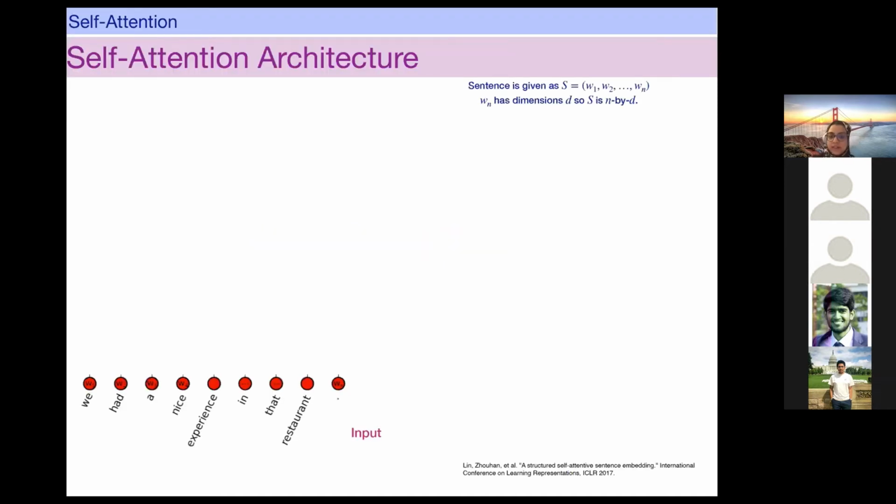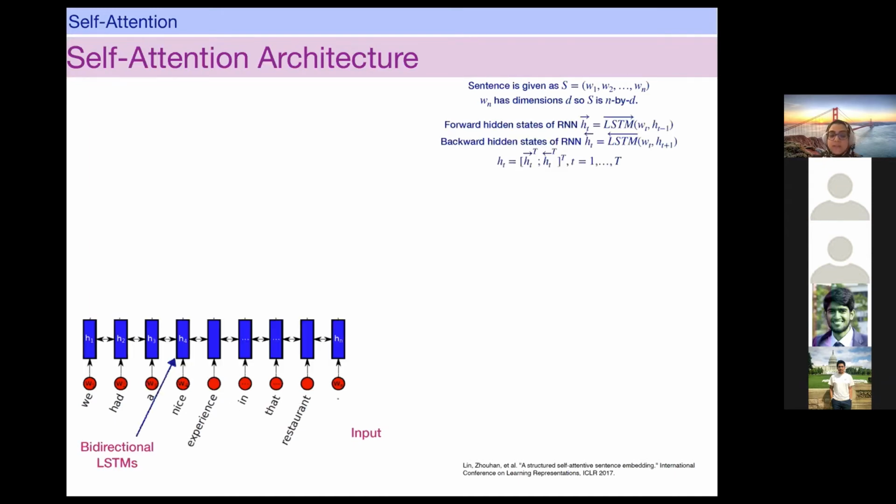So let's take an example to understand it a bit. Here we have our input, and then it's passed through a bidirectional LSTM. We're going to concatenate the hidden states together and have this matrix capital H, which is basically the hidden states from this bidirectional LSTM.